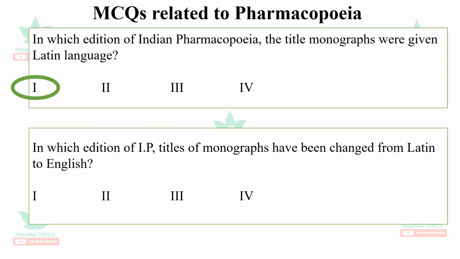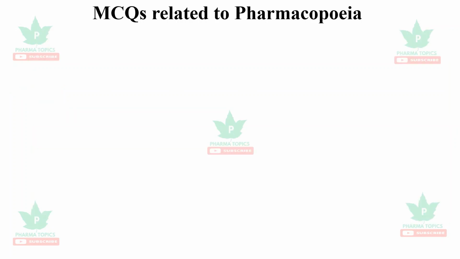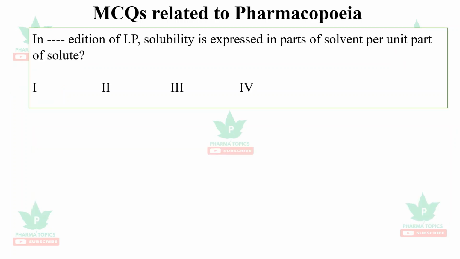From the above you know that Latin is 1, and in the second edition it has been changed from Latin to English. In dash edition of IP, solubility is expressed in parts of solvent per unit part of solute. It is the second edition.